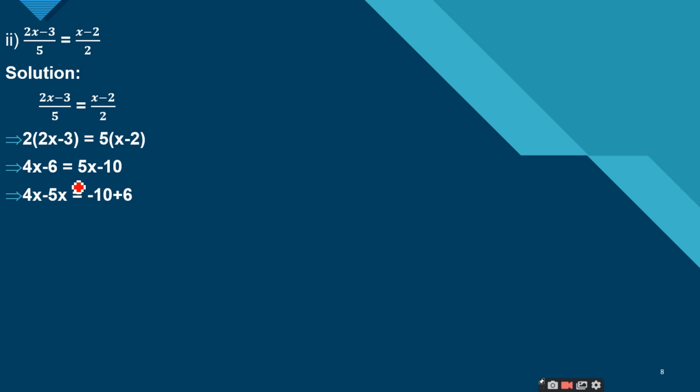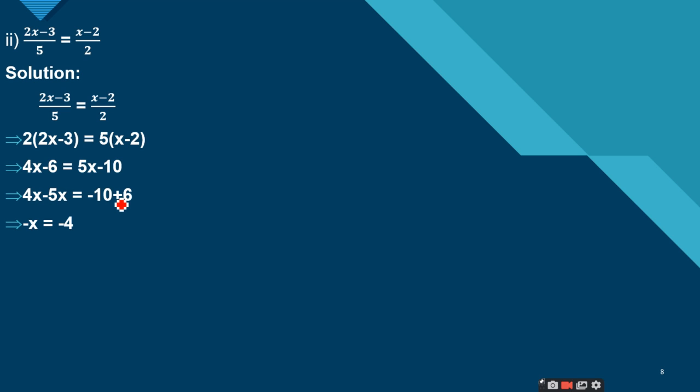Just write the like terms together. So we write 4x, and here we have minus 5x, we have 5x after the equal sign, and when we transpose it to the left hand side, it becomes minus 5x is equal to minus 10, and this minus 6 becomes plus 6. Now 4x minus 5x, we get minus x is equal to minus 10 plus 6.